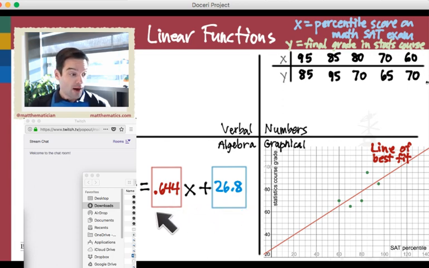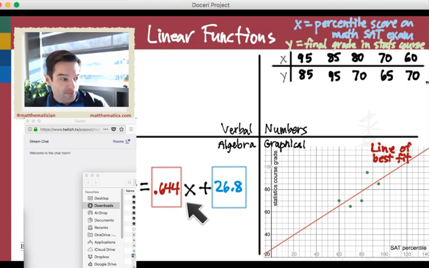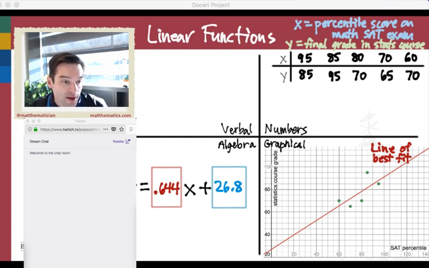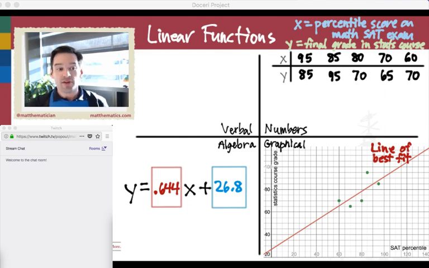So this equation, y equals 0.644x plus 26.8, tells us an equation for this red line. So that's what this equation is actually modeling. This is actually modeling that line of best fit.